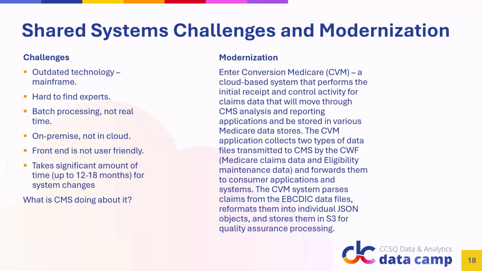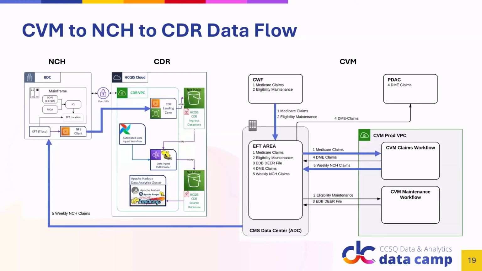From CWF, as I mentioned, Medicare claims and eligibility maintenance feeds go to EFT, electronic file transfer area, in the CMS data center, which is still on premise. And from there, Medicare claims go to claims workflow, and eligibility maintenance goes to CVM maintenance workflow.